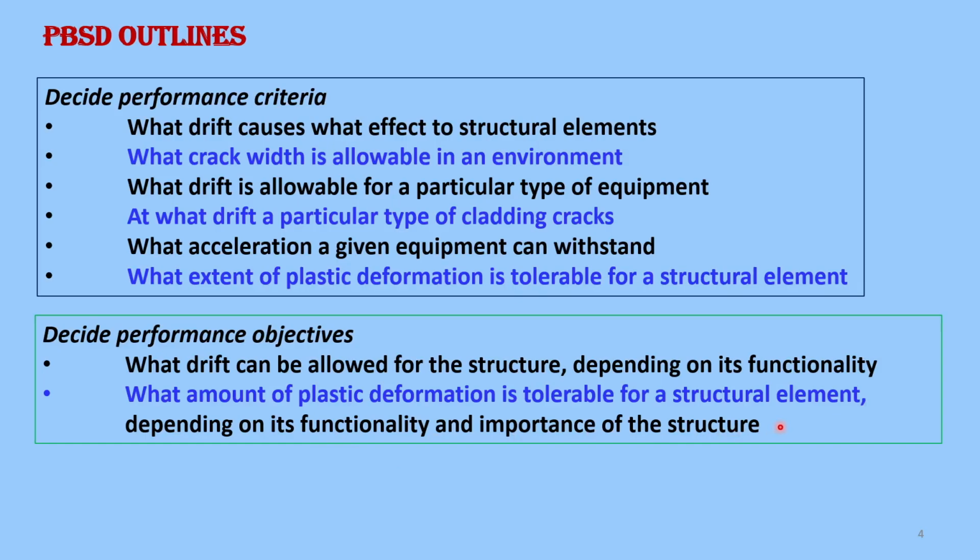Some structures are more important, some structures have post-earthquake importance, like firefighting buildings, water supply systems. Those have post-earthquake importance. And certain structures which may produce hazards in the post-earthquake condition are also important for us, and we have to take special care for them. So based on all this, you have to decide your performance objectives which will render you a structure to your desired goal.